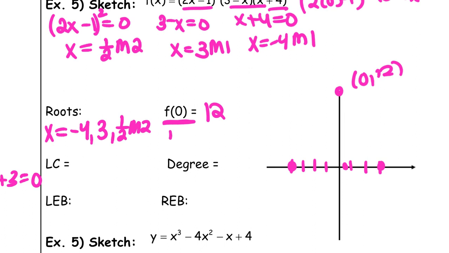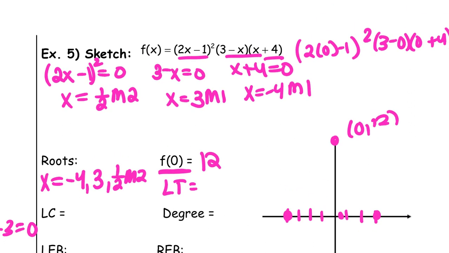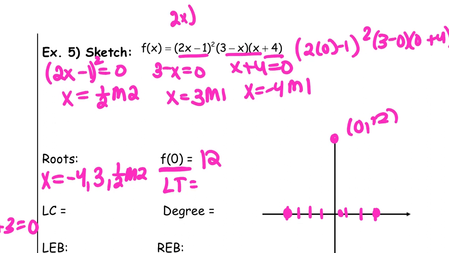What would the leading term be? Be careful. This is squared. Then we have to multiply it by -x, and then we have to multiply it by x. There's more to it than that.